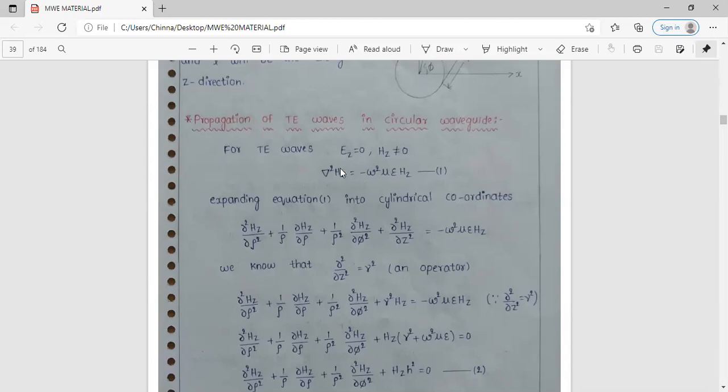Expanding the above equation in cylindrical coordinates, rho, phi, z being the cylindrical coordinates of the circular waveguide: dou square by dou rho square Hz plus 1 by rho dou by dou rho Hz plus 1 by rho square into dou square by dou phi square Hz plus dou square by dou z square Hz is equal to minus omega square mu epsilon Hz.